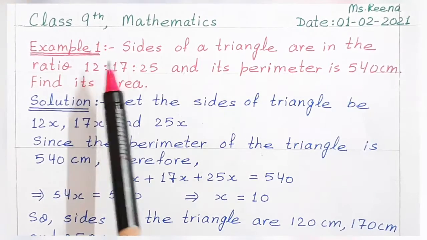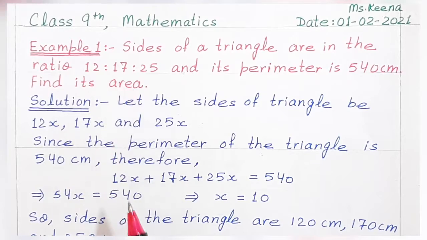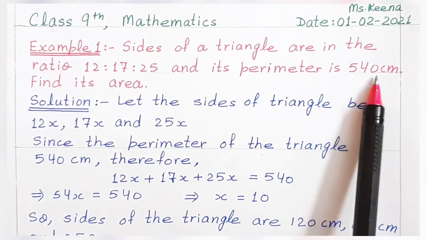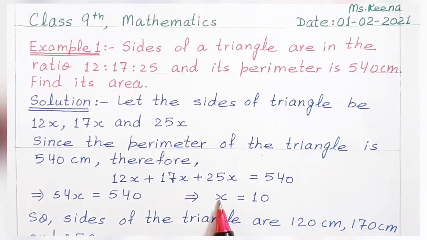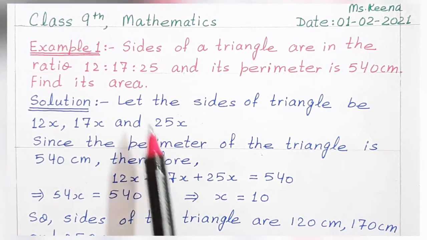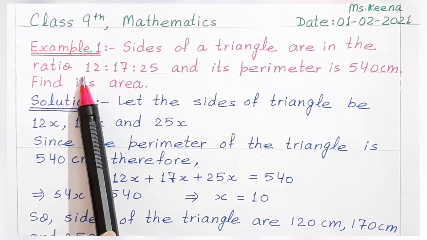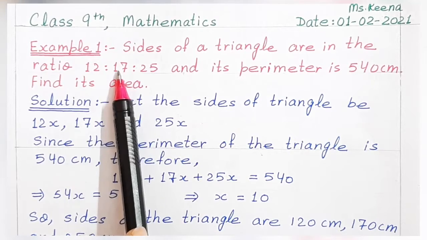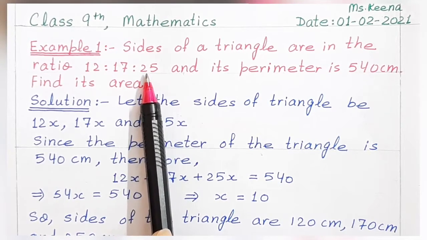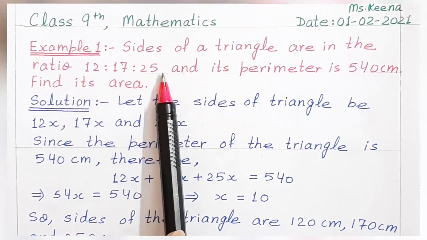So here 12x plus 17x plus 25x equal to 540. So this means the value of x is 10. Therefore, the sides are 12 into 10, 120, then 170 and 250. Clear?